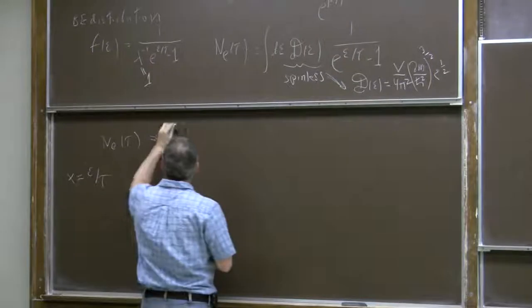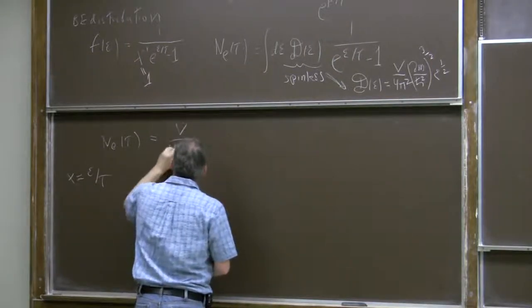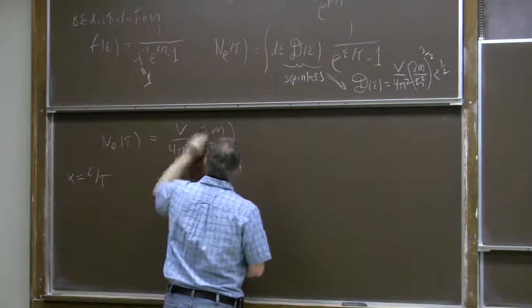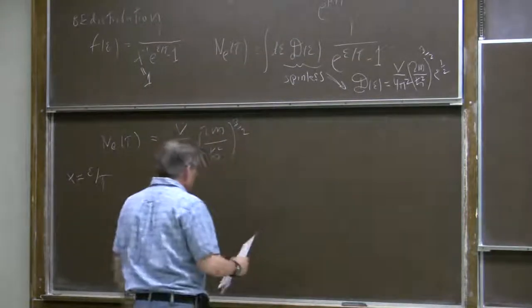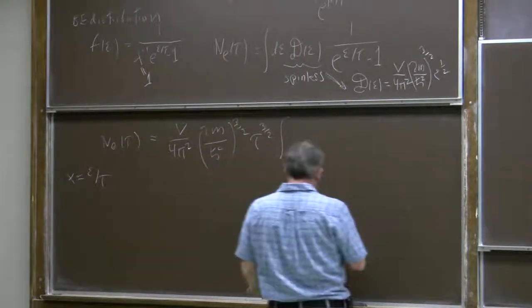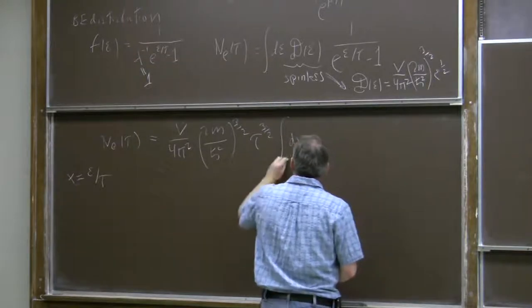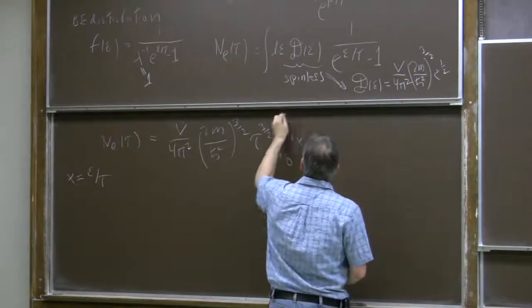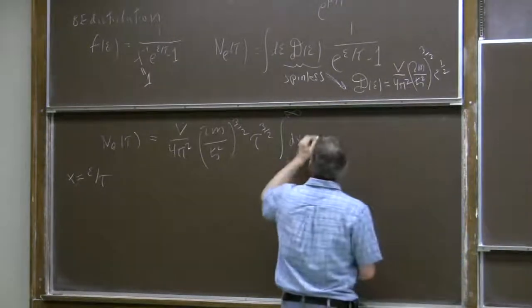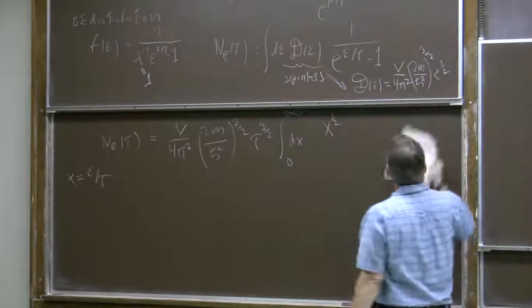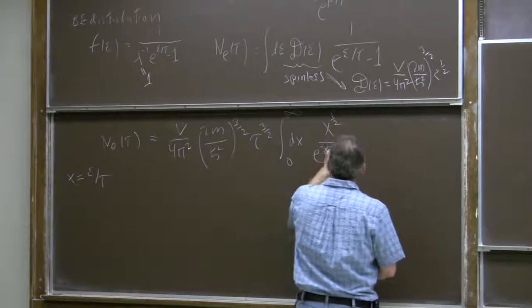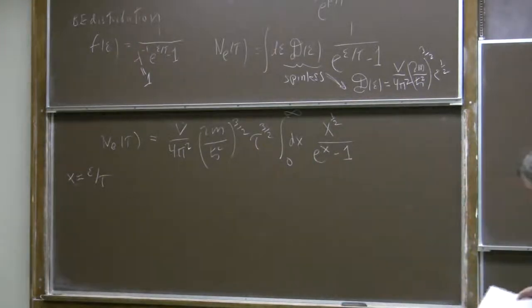So I have a prefactor coming out of the integral from the density of states, V over 4 pi squared, 2m over h bar squared, to the 3 halves, the factor of tau to the 3 halves, which I just mentioned, and then the dimensionless integral dx, being integrated from 0, the energy of the ground orbital, up to infinity, x to the 1 half, coming from the energy to the 1 half in the density of orbitals, divided by e to the x minus 1 coming from the Bose-Einstein distribution function.